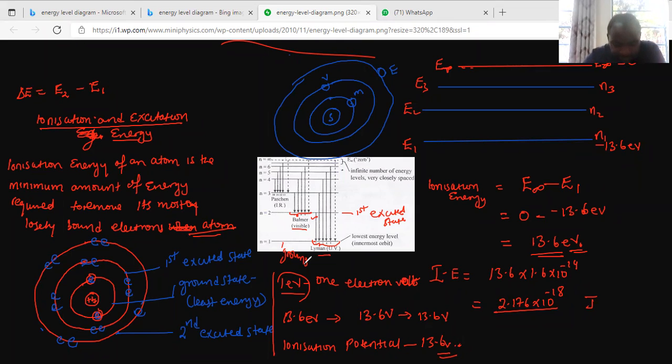Now, with that, one can also conclude and say the ionization potential, which can also be called VI, can be attained from the ionization energy divided by the electronic charge.